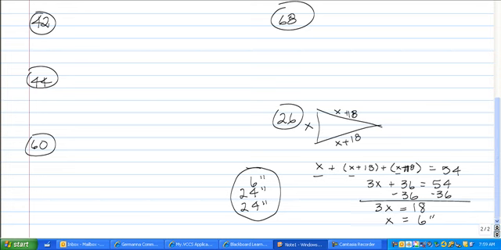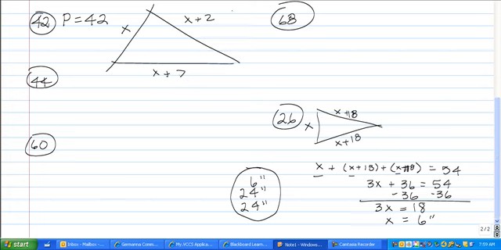Okay, let's look at 42. We have a perimeter given, and we're asked to find the value of x, and they say that the figures are not necessarily to scale. So we have an x plus 2, and an x plus 7. Again, we're going to do basically what we did in the word problem.